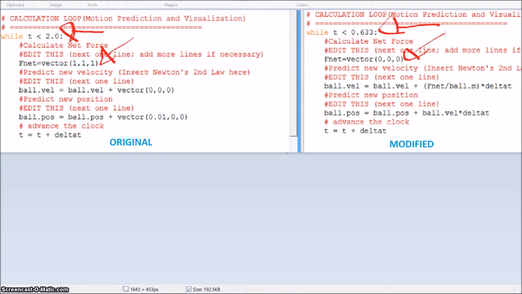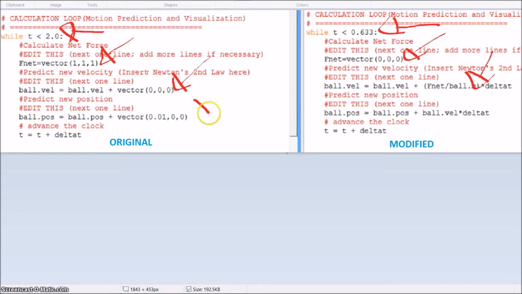I also changed the original equation to find the ball's velocity to Newton's equation, which, as before, states the final velocity equals the initial velocity plus the net force over the mass times delta t.